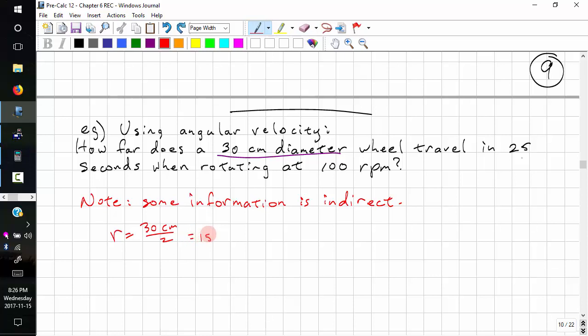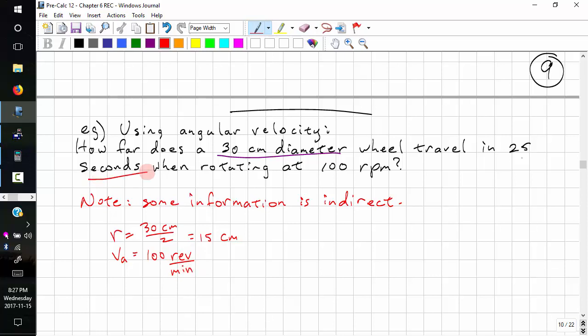That's 15 centimeters. So the angular rotation, we denote this with V subscript A. So 100 revolutions per minute.